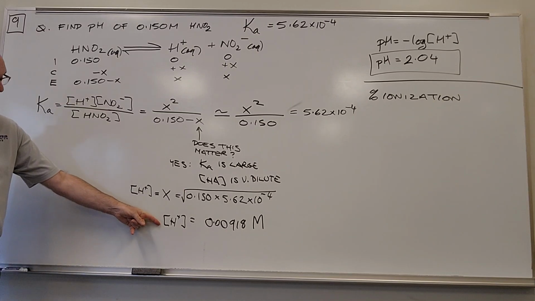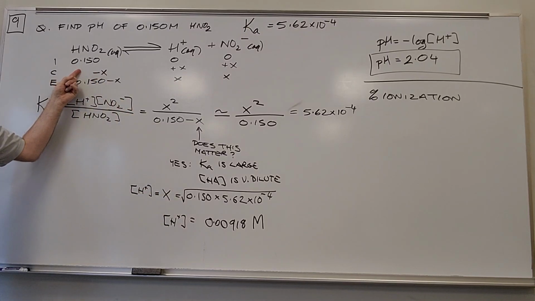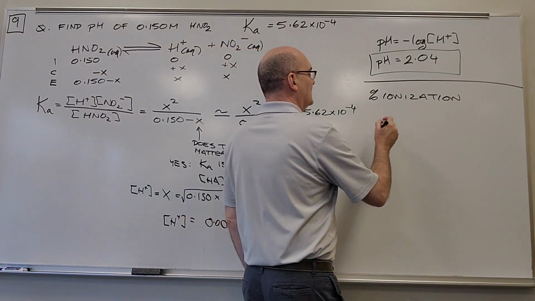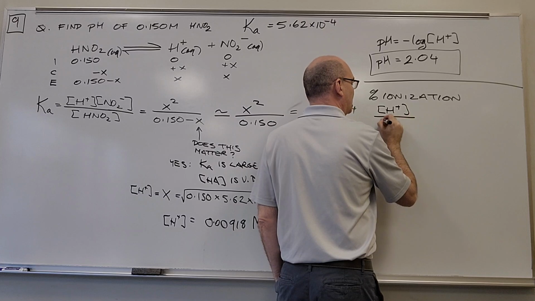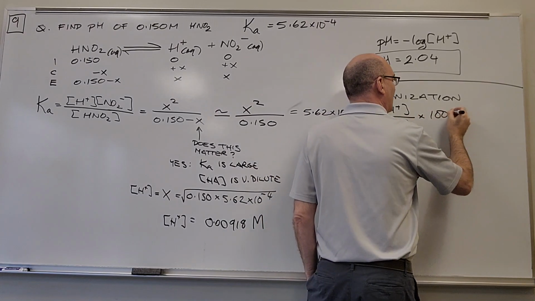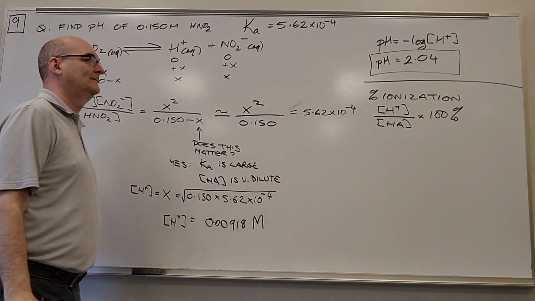How much acid do you have in relation to how much acid did you start with? So how many protons per acid? The percent ionization is H plus over HA. And because we're expressing it as a percentage, we're going to multiply it by 100 and give it a percent sign.